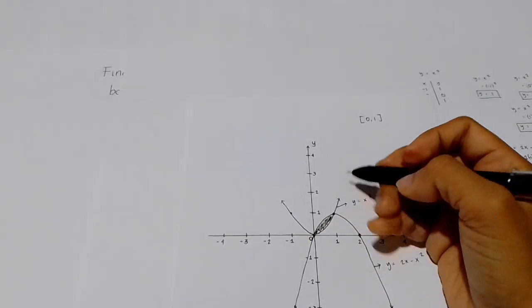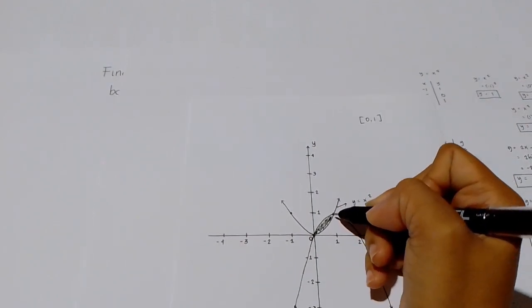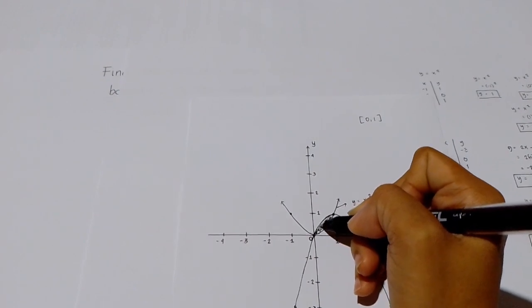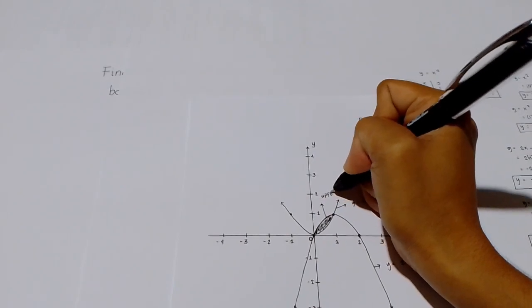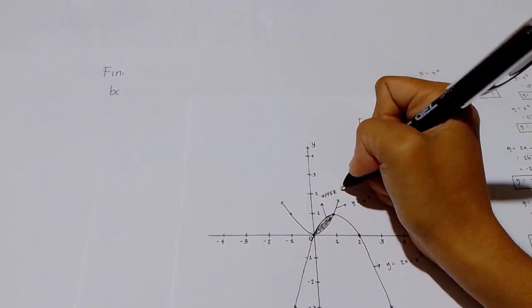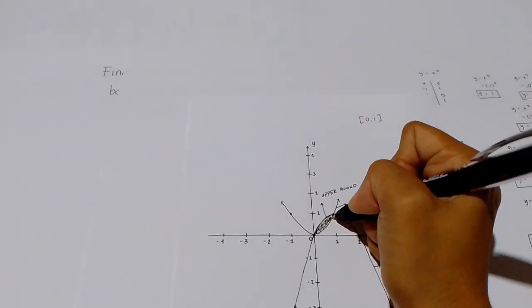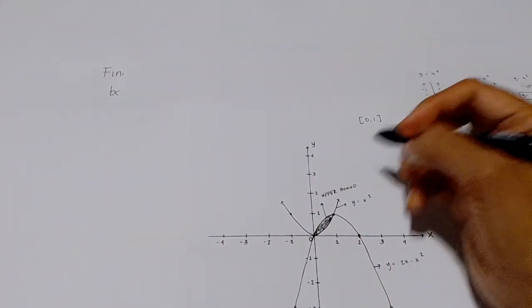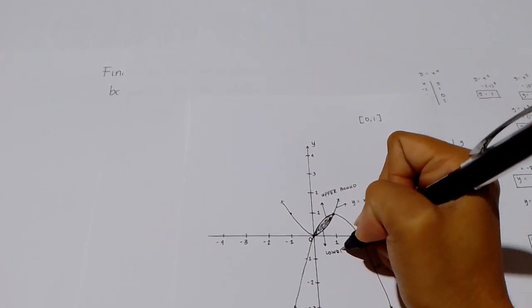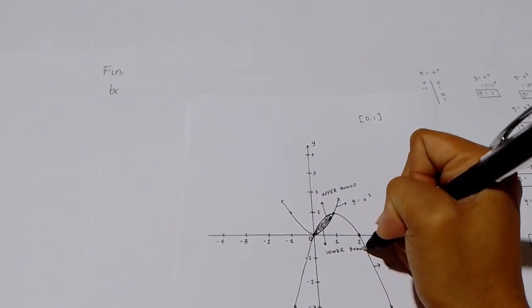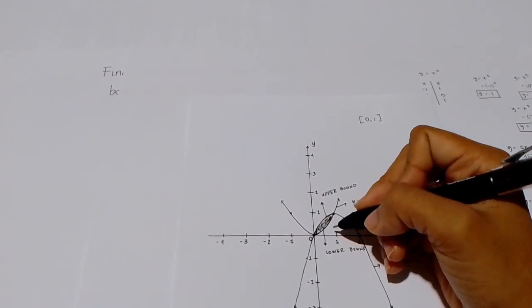So from our graph, this part here is our upper bound because it's on the upper part of our graph. And this one here is our lower bound because it's on the lower part of our graph.